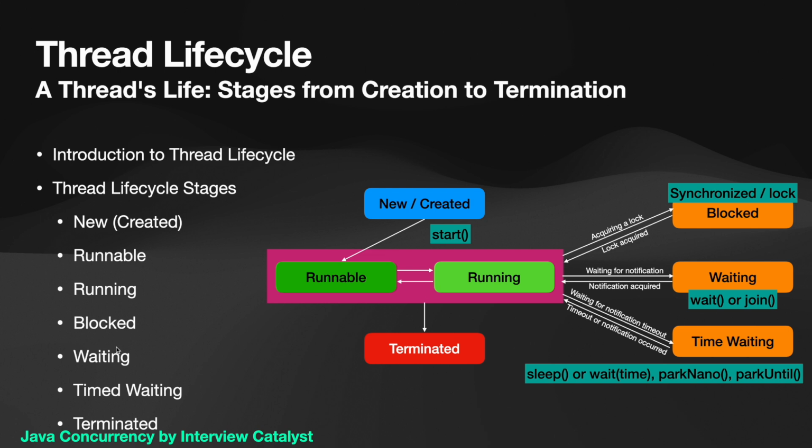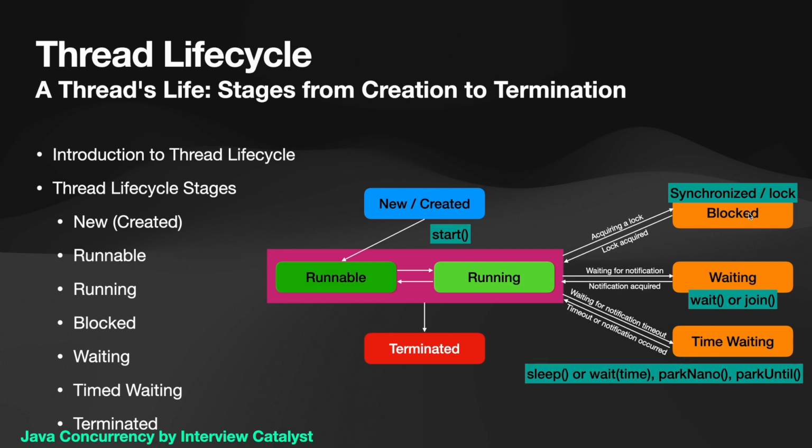Blocked or waiting. Sometimes a thread may need to pause temporarily, for example, it is waiting for a resource or another thread to complete. In this case, it enters a blocked or waiting state. But there is a difference between the blocked and waiting states.